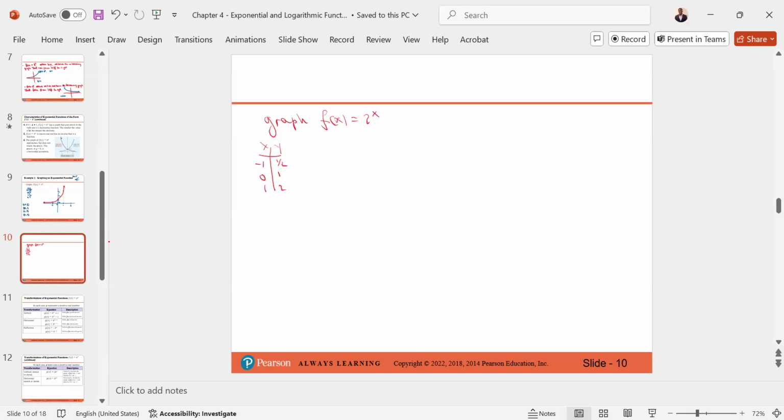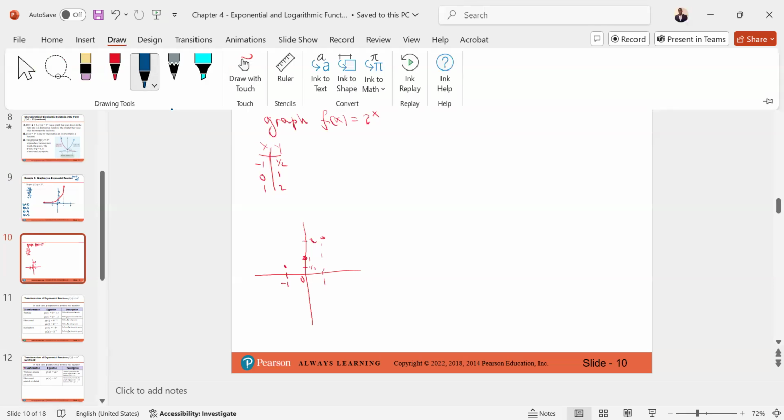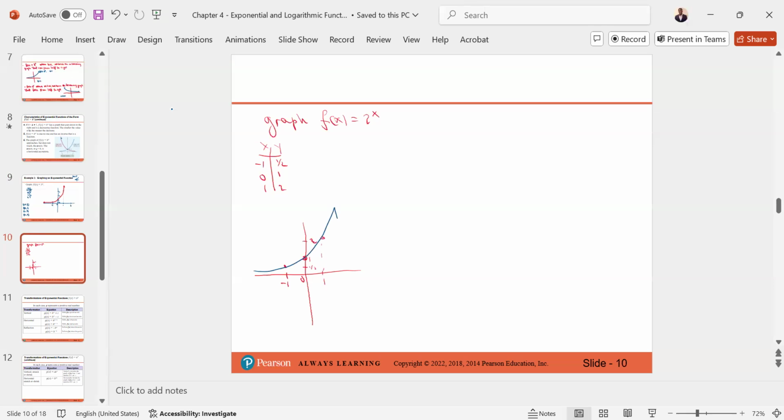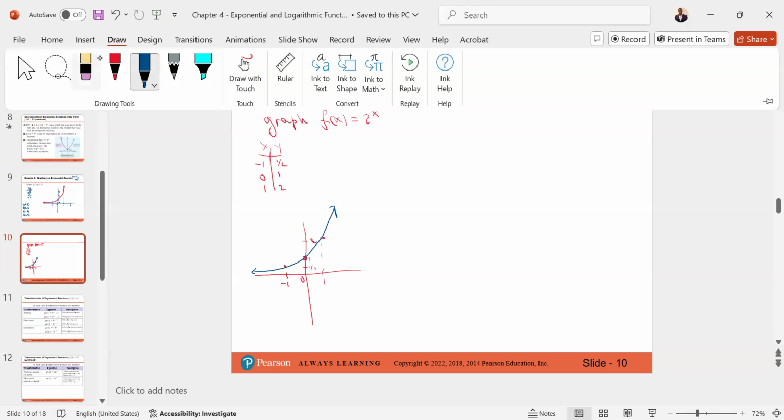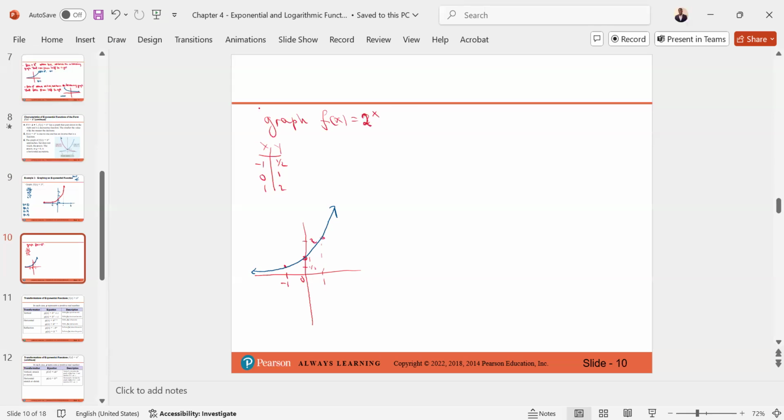If you graph it from here with -1, 0, and 1, you know 1/2 would be here for -1, 0, and 1 give us 2. Again, if they ask you to graph this one, you know it's going to go this way. You know, this one is increasing because b is greater than 1, as you can see, because I said power 2. It's going to give you an increasing function.